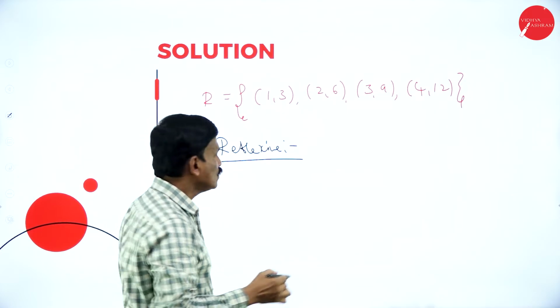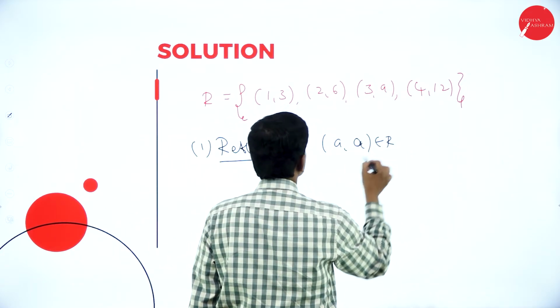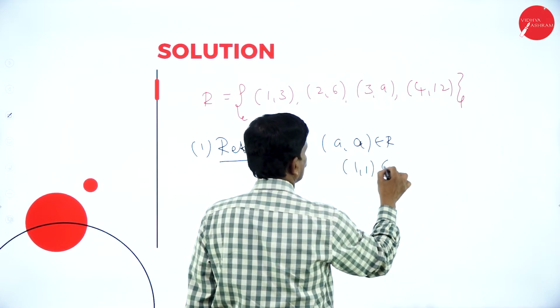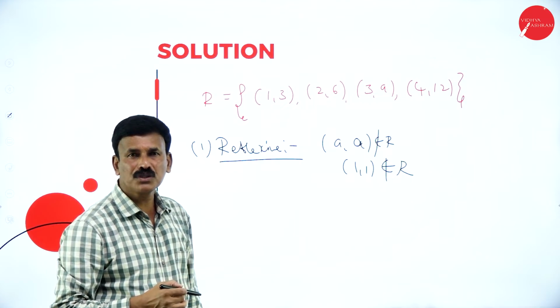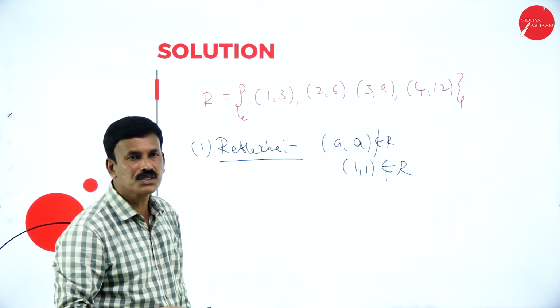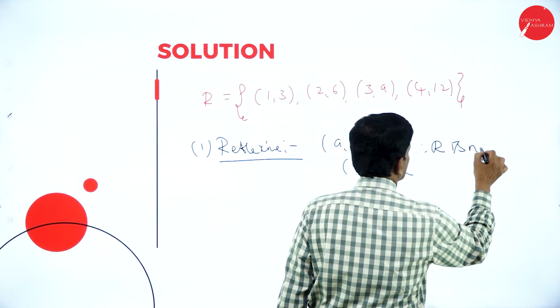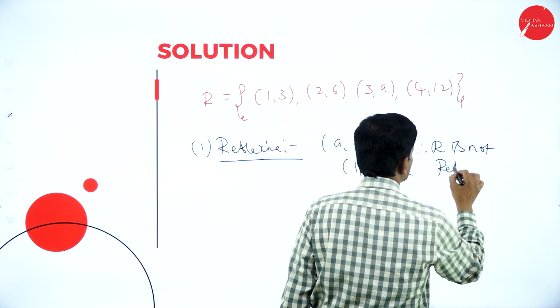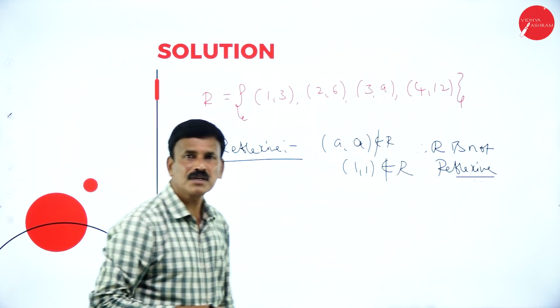Check whether (a, a) belongs to R or not. (1, 1), (2, 2), (3, 3) do not belong to R. So, therefore, R is not reflexive.